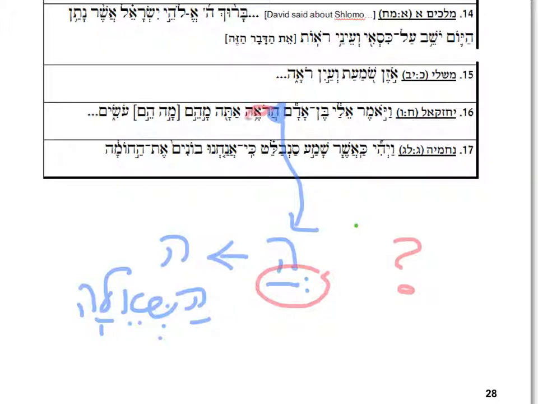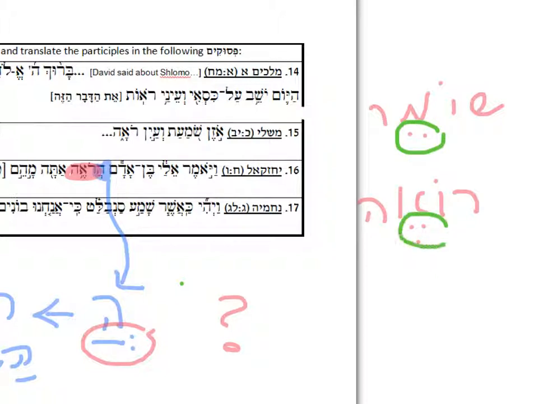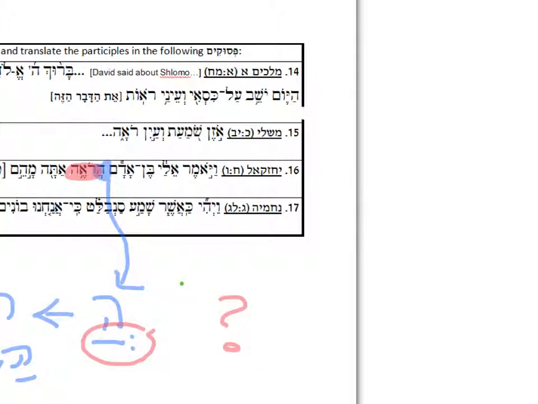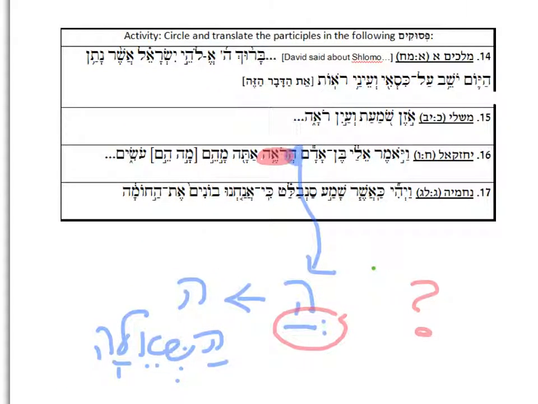Okay, so haro'eh. So my participle is ro'eh. It's going to be just like shomer in terms of its conjugation, except I have a segol instead of tzere. I have 3 dots instead of 2 dots, and obviously the hey is not sounded. So haro'eh ata mah hem osim. Do you see what they are doing?